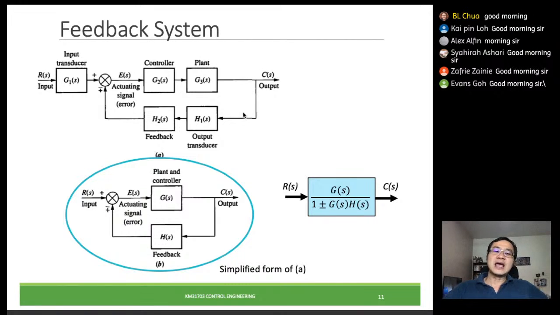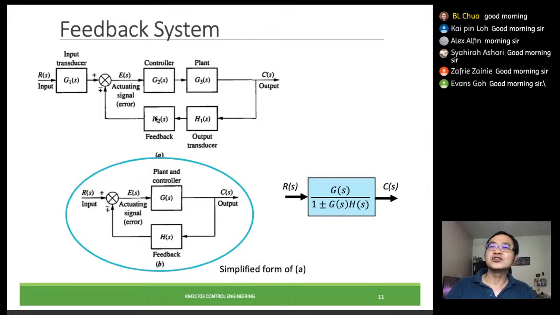If we are able to represent them in blocks, then the accuracy of the transfer functions or the control would be higher, right? So the more blocks that we can model, the higher the accuracy of our control would be.